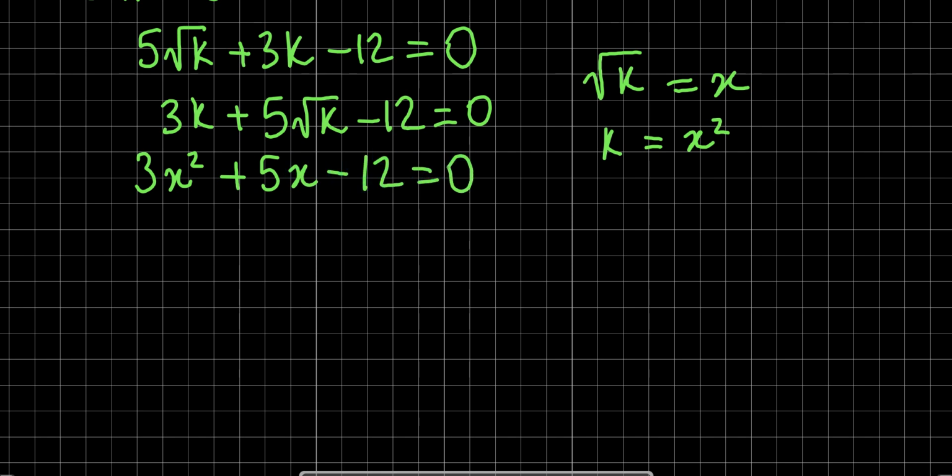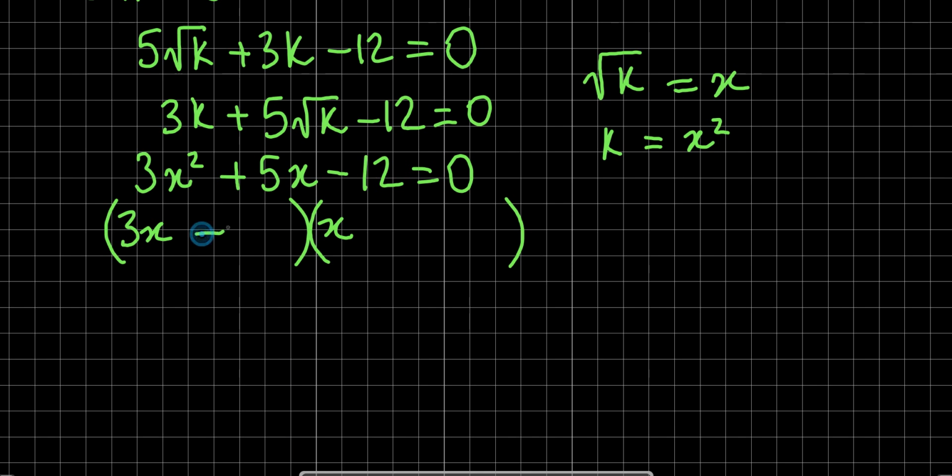Now you can use a calculator to solve this, or you can just factorize it. It looks like it's factorizable. So 3x and x, we're going to have two numbers here that multiply to give us minus 12, but be careful because the coefficient here is 3, you've got to do more than just look for factors of minus 12.